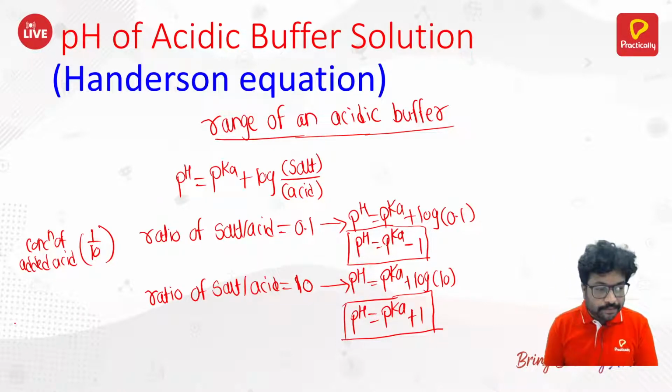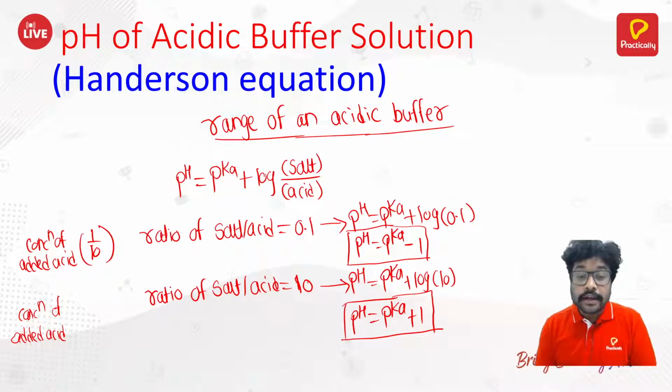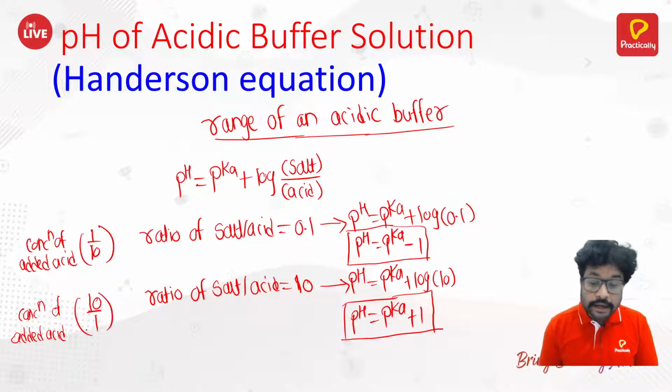Here the concentration of added acid is less than 10 times. I would say the concentration of salt is 10 times the concentration of acid here. So it's basically 10 by 1.